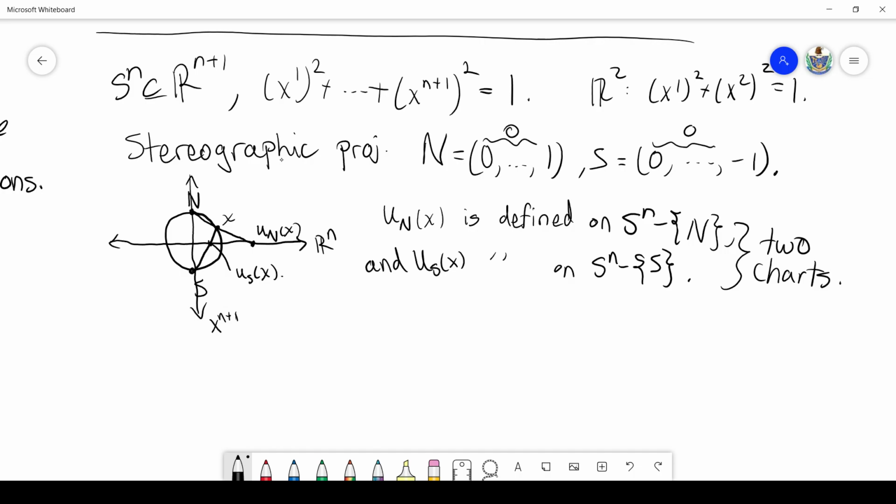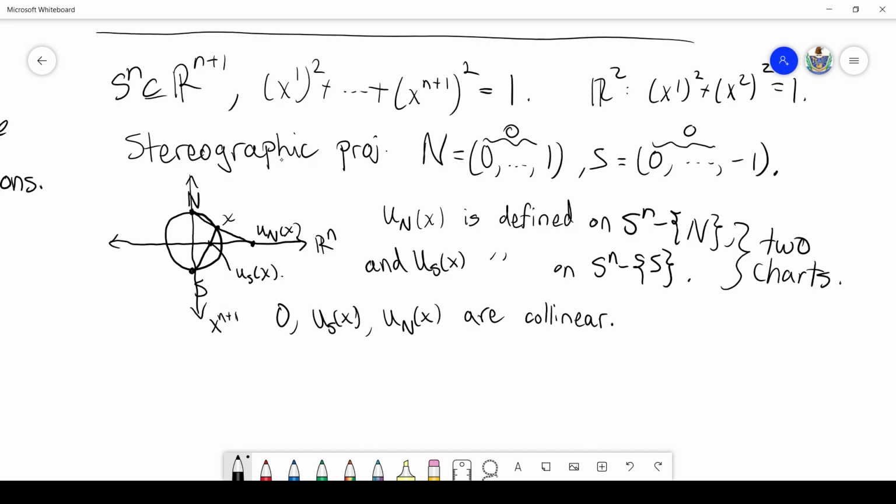And a funny thing here is that the points us of x and un of x, if we're considering it in this 2-dimensional picture, well, for one thing, even though we're representing all of Rn as a line, we can actually see that the points 0, us of x, and un of x are collinear.